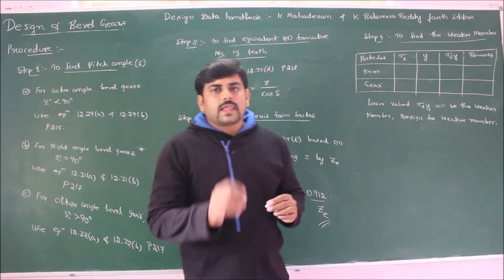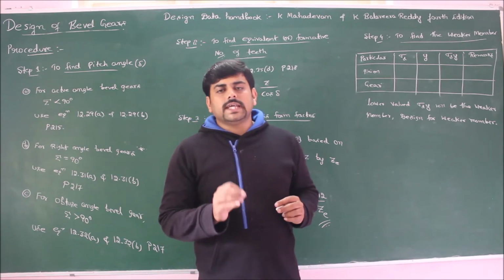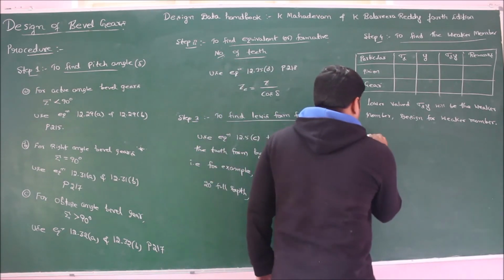Once you find the weaker member, the next step is to find the module. Step 5 is to find the module.